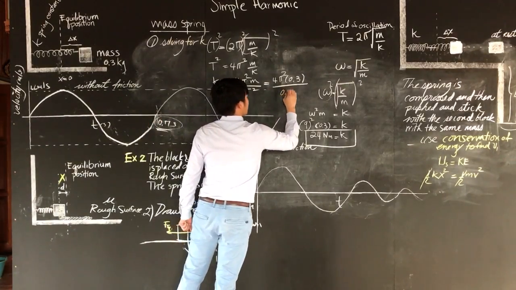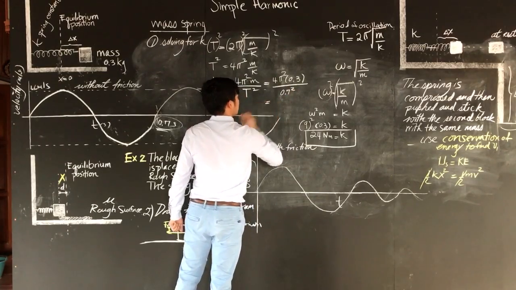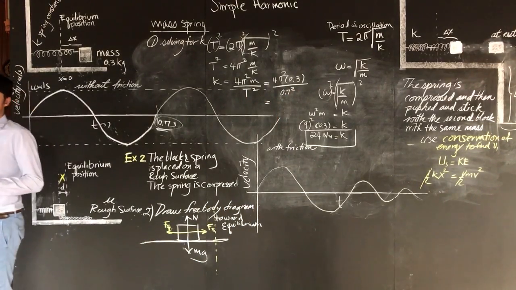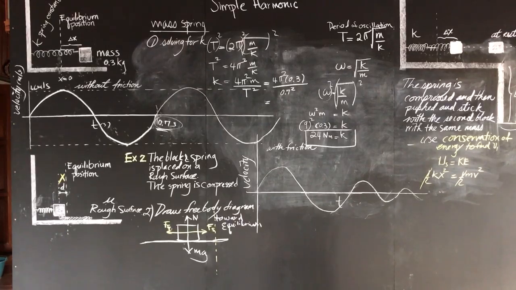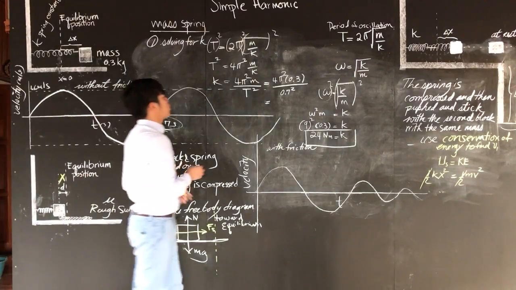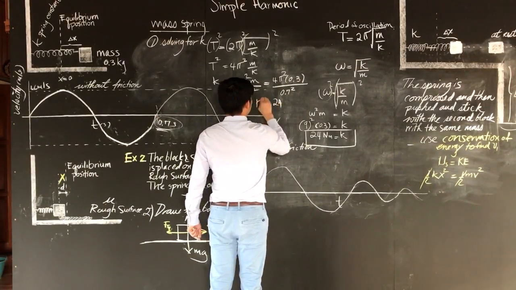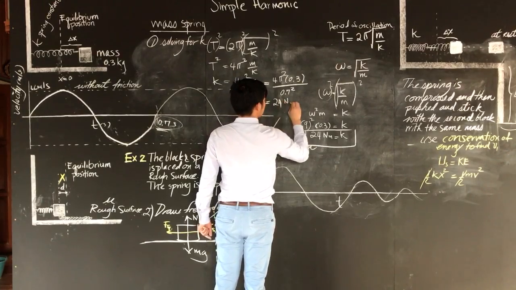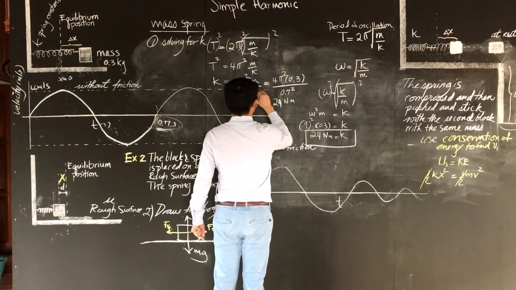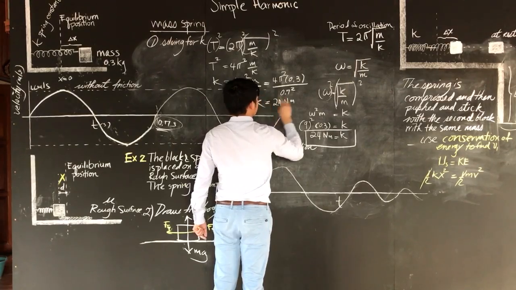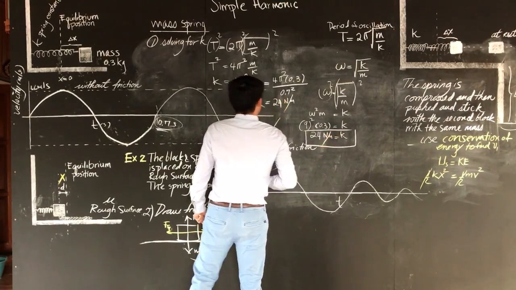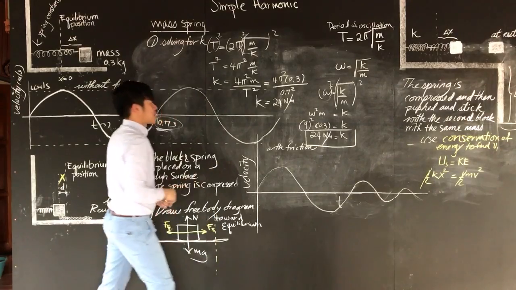We put it in there, 0.7 seconds squared, and go ahead and do the computation. So the answer is 24. This is your K, this is your spring constant.